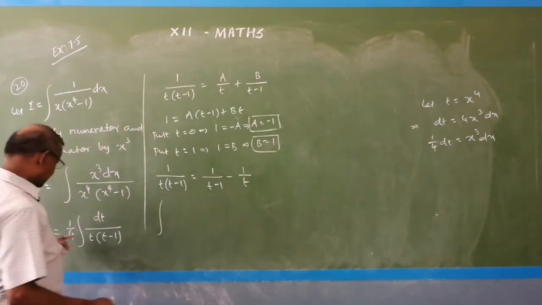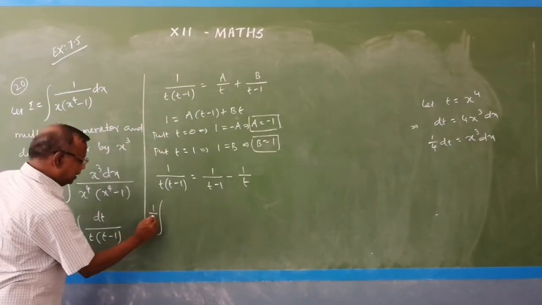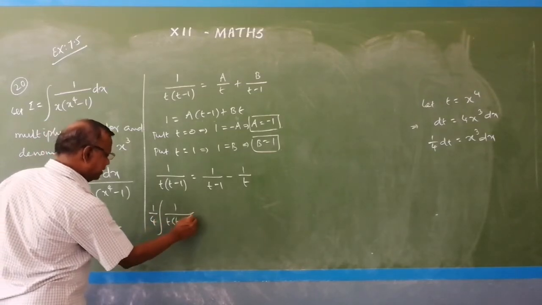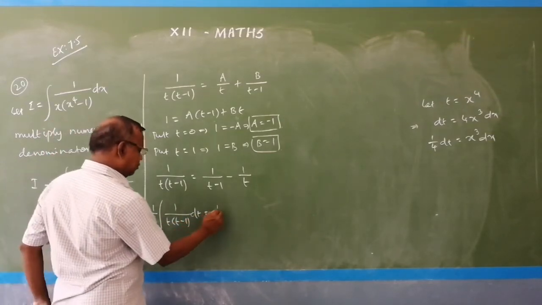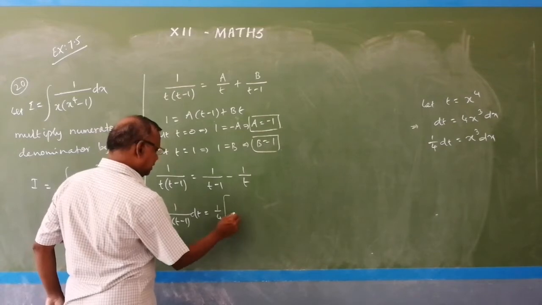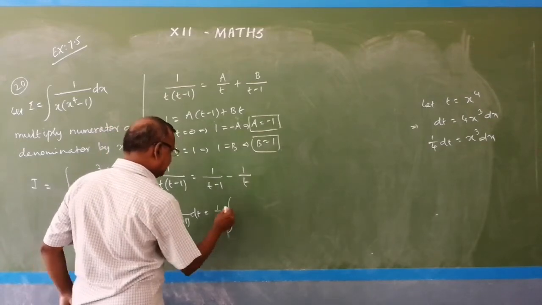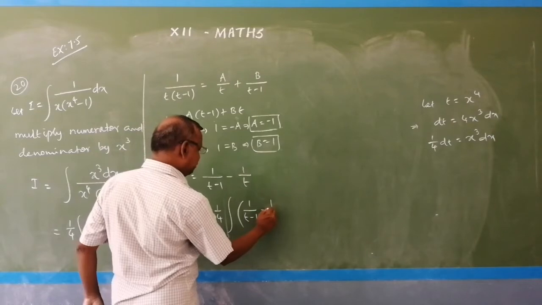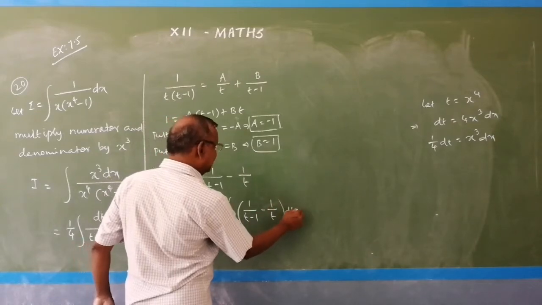Now, integral 1 by 4 into 1 by t into t minus 1 into dt equals 1 by 4 into integral of 1 by t minus 1 minus 1 by t into dt.